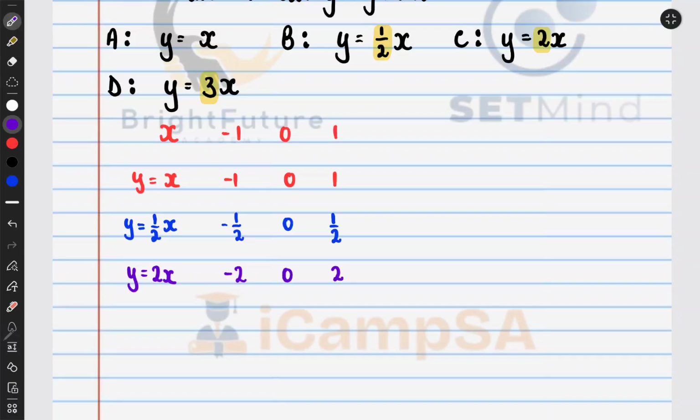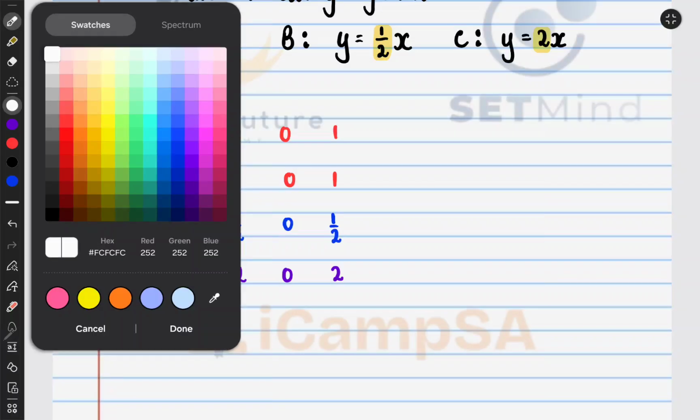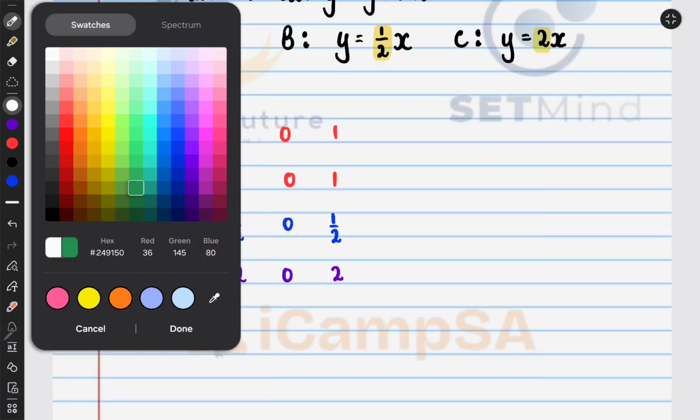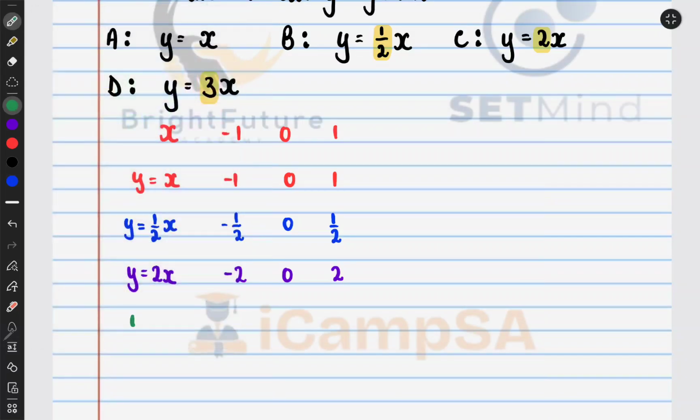And lastly, the final function, let's use green, is y is equal to 3x. -1 times 3 is -3, 0 times 3 is 0, and 1 times 3 is 3. Those are your corresponding values for each of the functions.